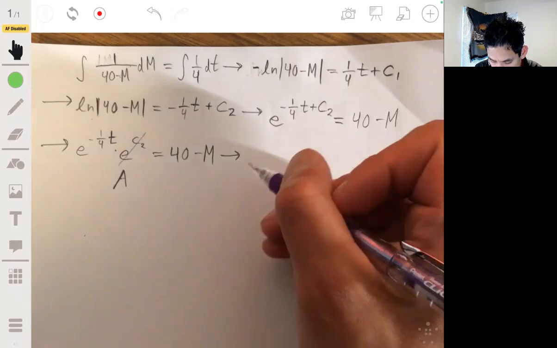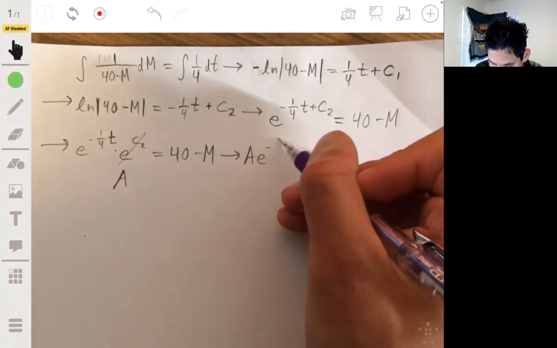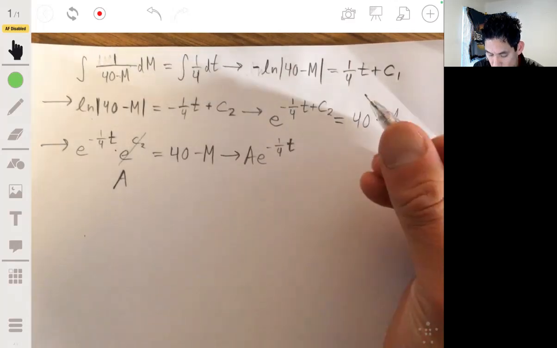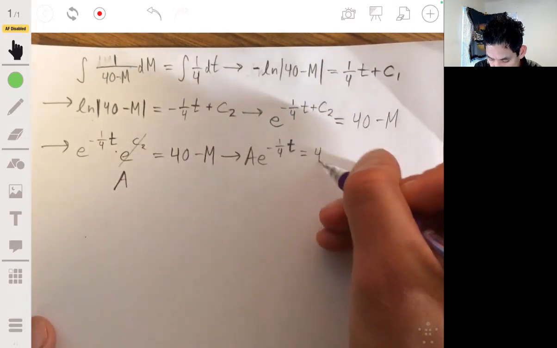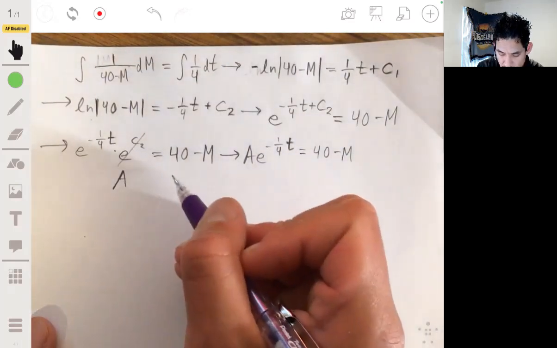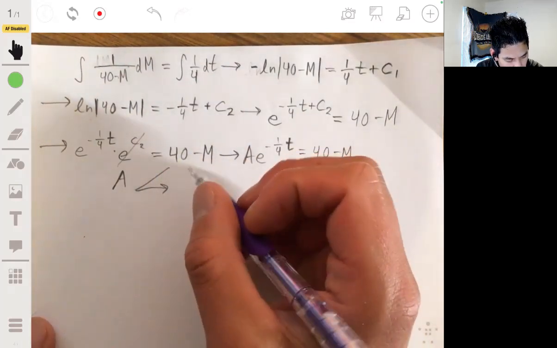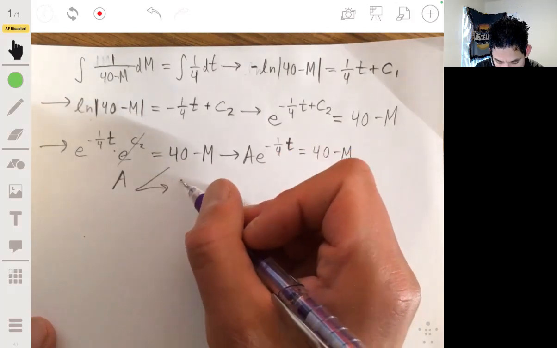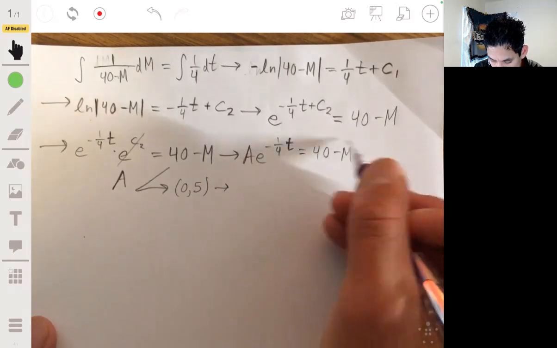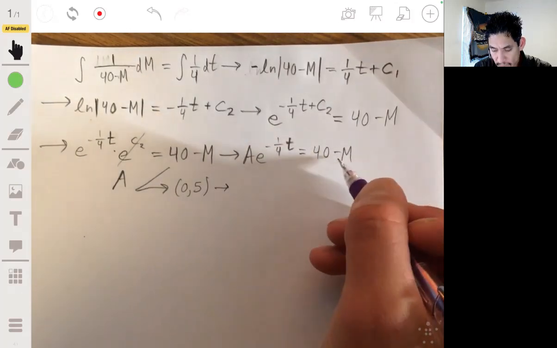I'm just going to call it a and put it in front. So a times e to the negative 1/4 t equals 40 minus m. I'm given the initial condition that m of 0 is 5, so when t is 0, m is going to be 5.